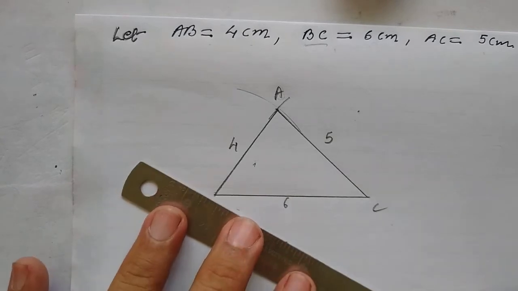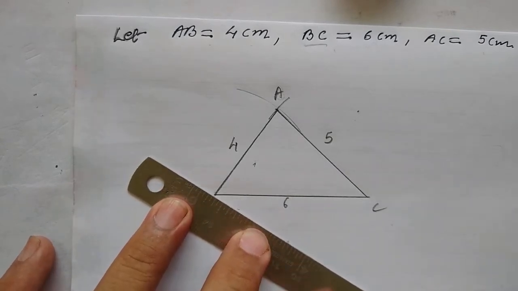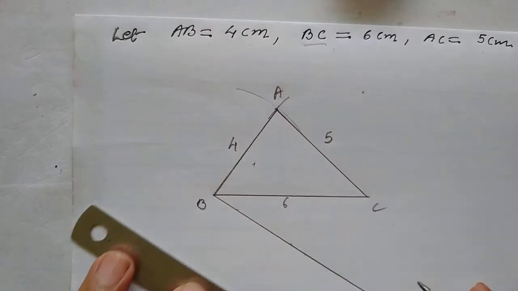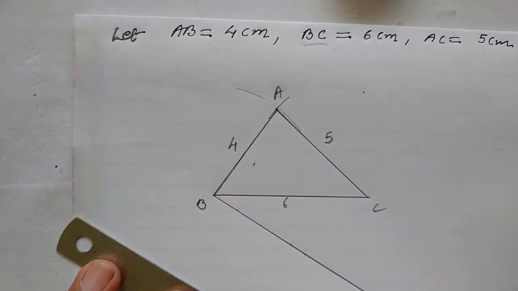Now children, here we draw one ray BX such that angle CBX is an acute angle.